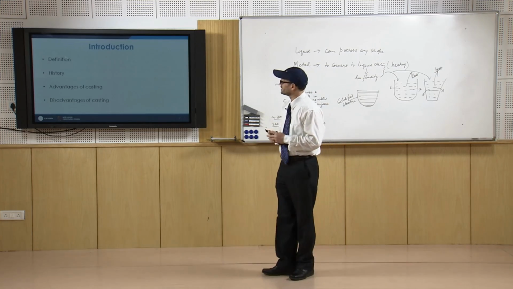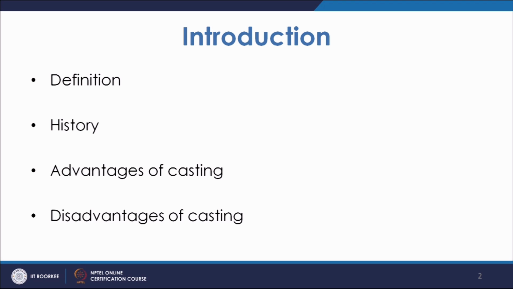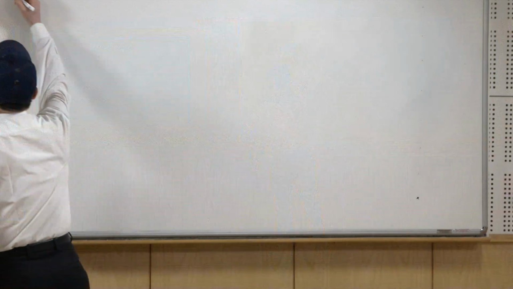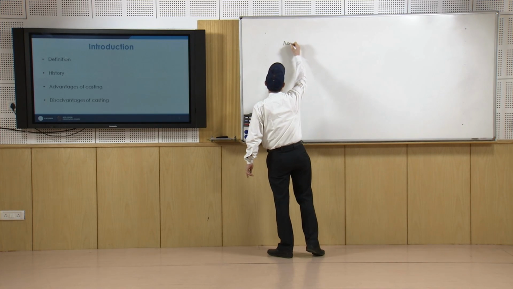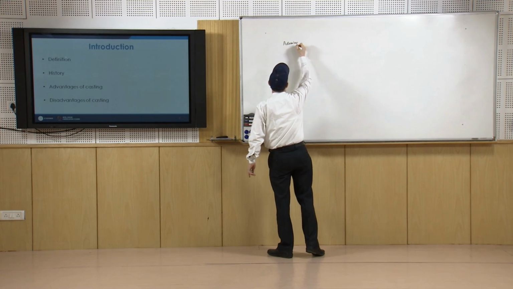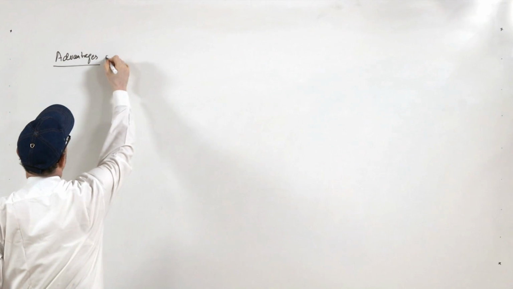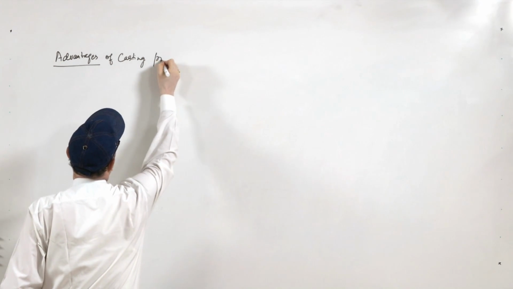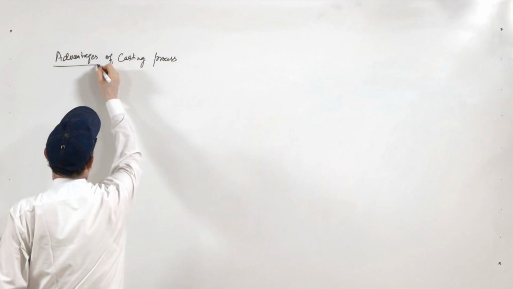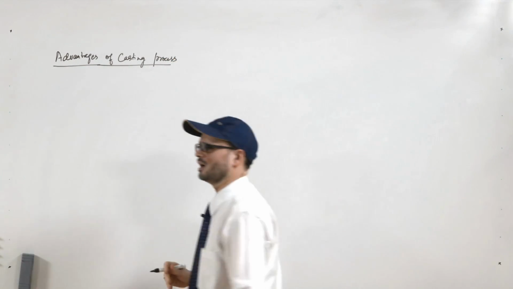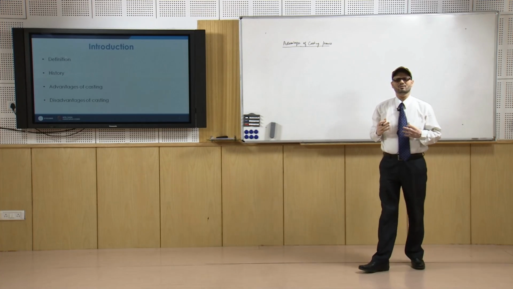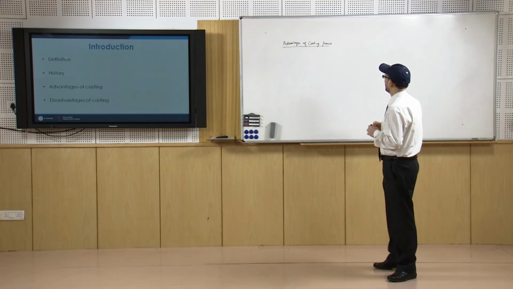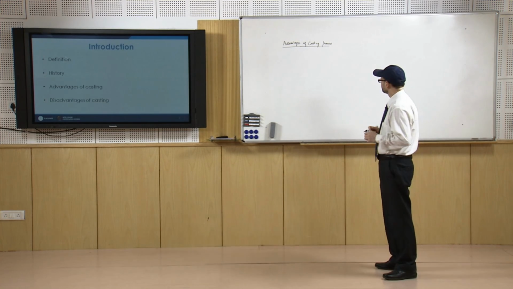Now, we will discuss the advantages and disadvantages of casting. First, we will discuss the advantages of the casting process. There are a lot of advantages, and we will discuss them one by one.